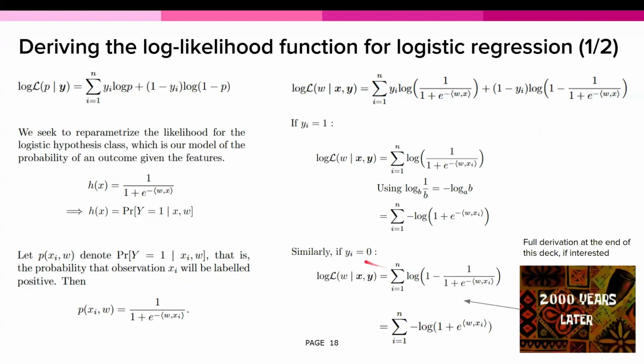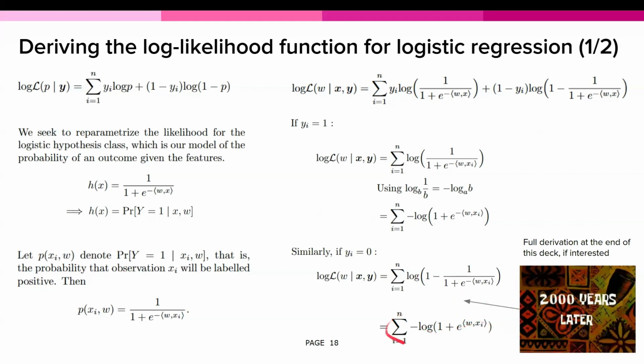Similarly, when the outcome is 0, we can do another simplification, but it's going to give us a different answer. In the case that yi is 0, this other term is going to drop out. And we can arrive at this last expression, which involves the complement of the probability.